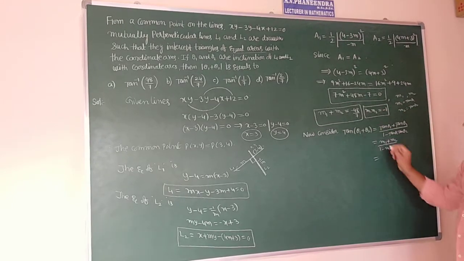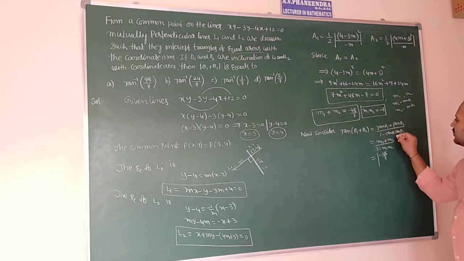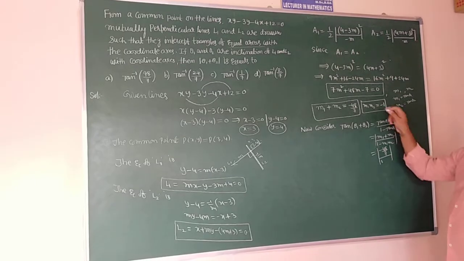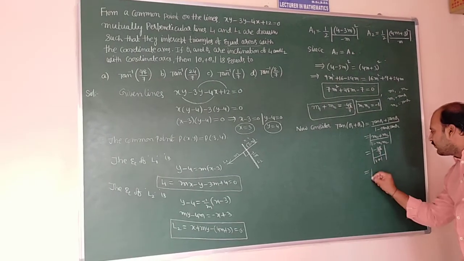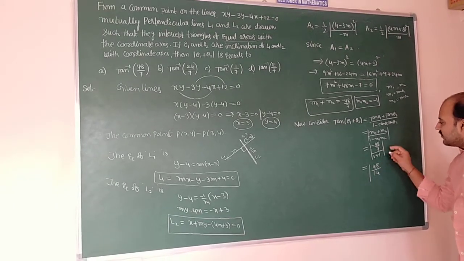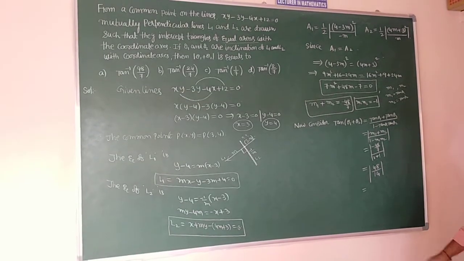The m1 plus m2 value is minus 48 by 7, which is also within the modulus, divided by 1 minus m1 m2, where the m1 m2 value is minus 1. Minus of minus 1 plus 1 is 2. So within the modulus it becomes plus 48 divided by 14. Here 2 into 7 is 14, so it is divisible by 2.